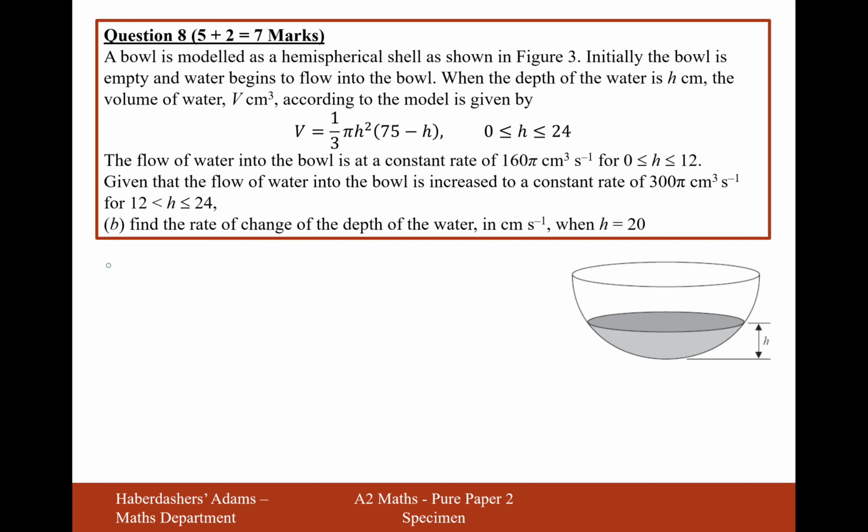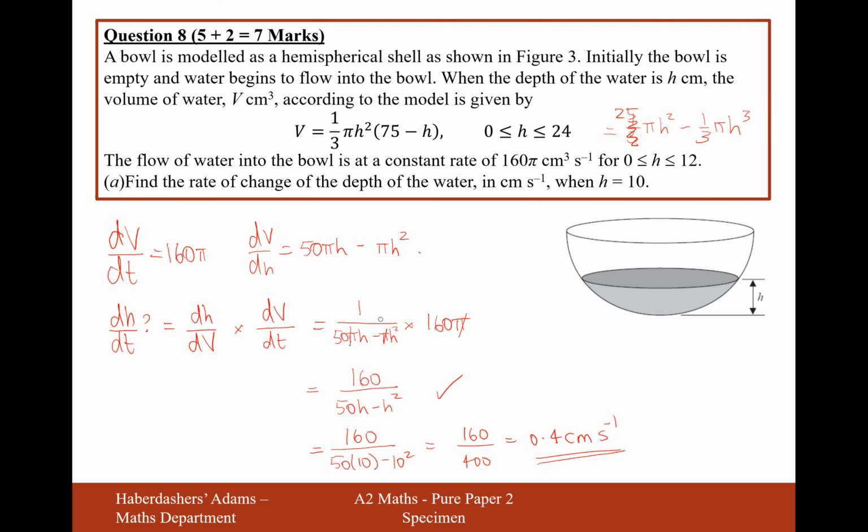Okay, so we're still looking for dh by dt. We're still going to calculate this by doing dh by dV times dV by dt. The only difference between this and the last one is that the rate of change of the volume is now going to be 300 pi. So what did we get?